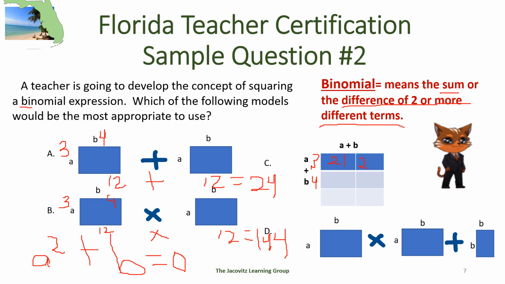And you're kind of writing a matrix here. So you're already doing 3 terms. A plus B will come off like this: A plus B times A plus B. And so there's your binomial. And that's why your answer is C.